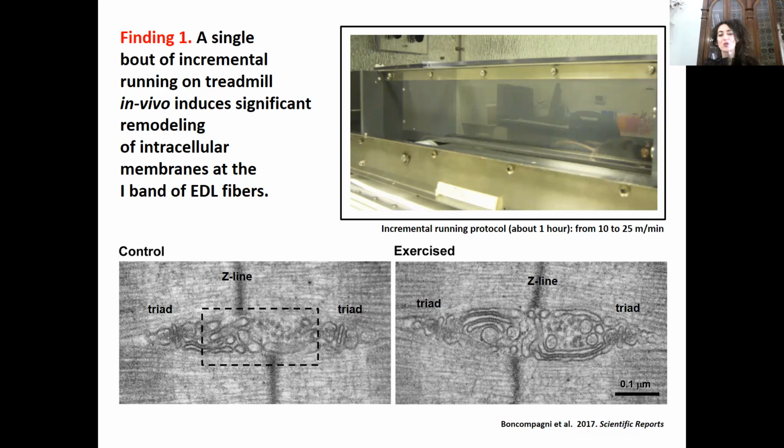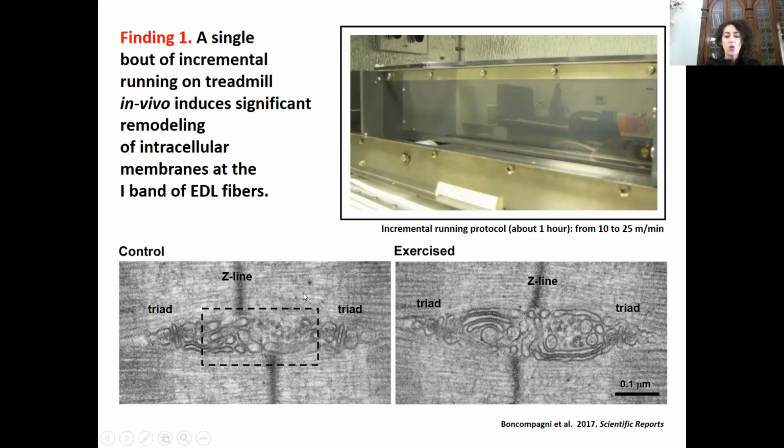I still remember those days sharing my enthusiasm with Feliciano Protasi and Antonio Michelucci, the postdoc that was performing the fatiguing protocol. So after the running protocol, the sarcotubular system at the I band between triads and Z lines was remodeled to form these peculiar stacks of flat and parallel cisternae that we call stacks.